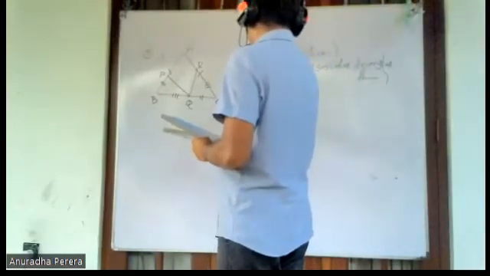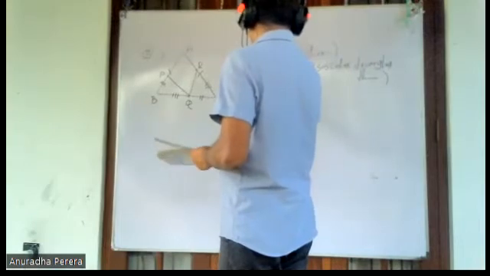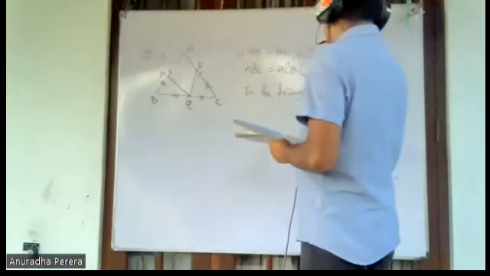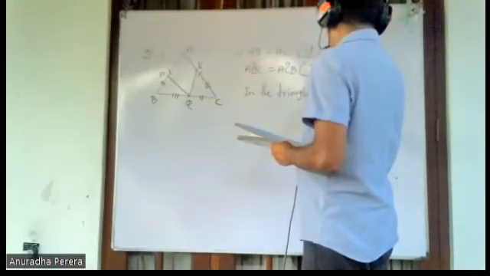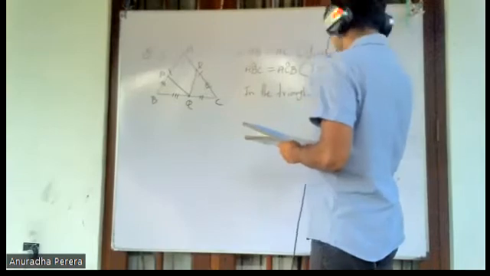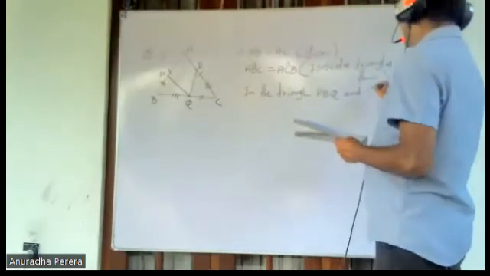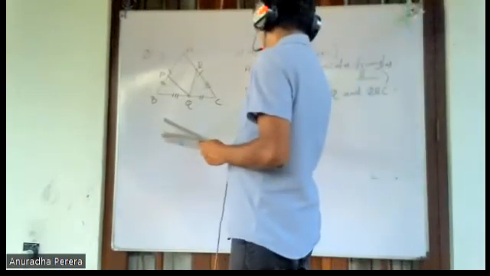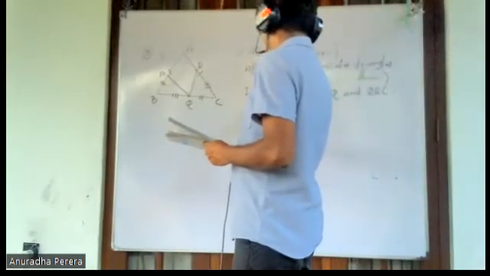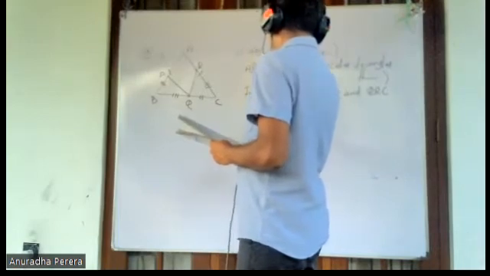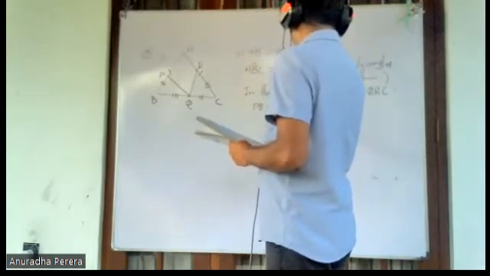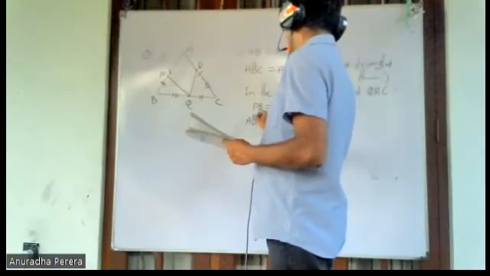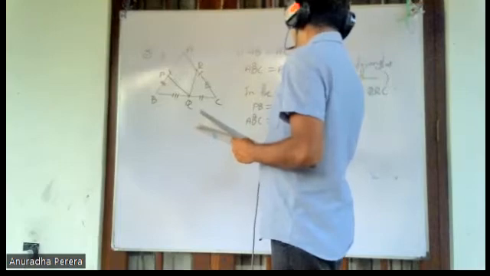In the triangles PBQ and QRC, we know PB equals QC, it is given. Angle ABC equals angle ACB, we proved it.